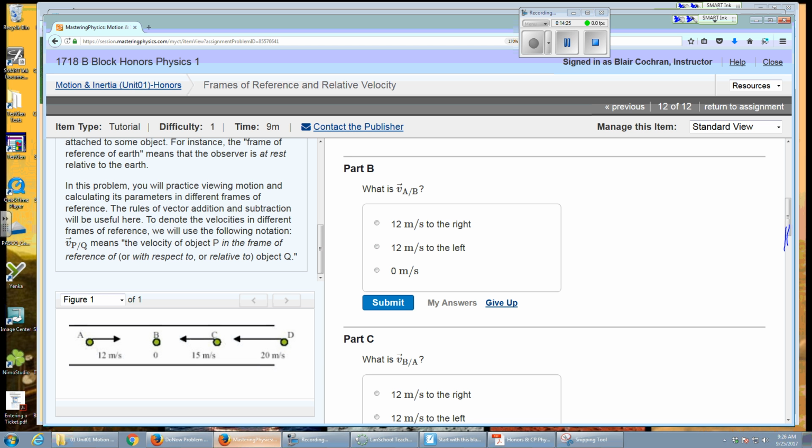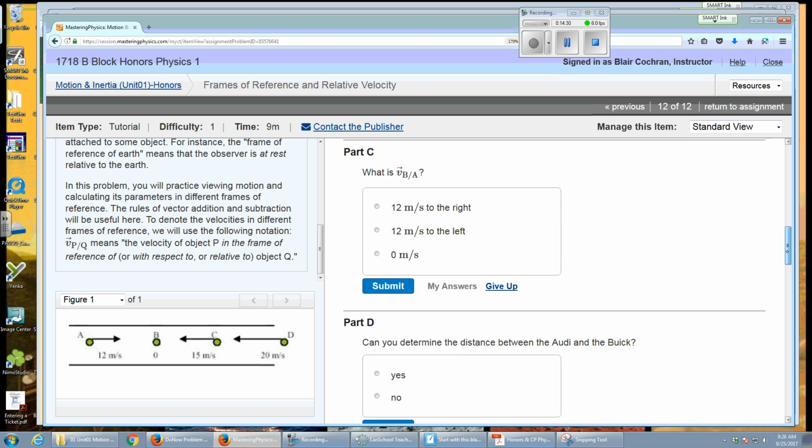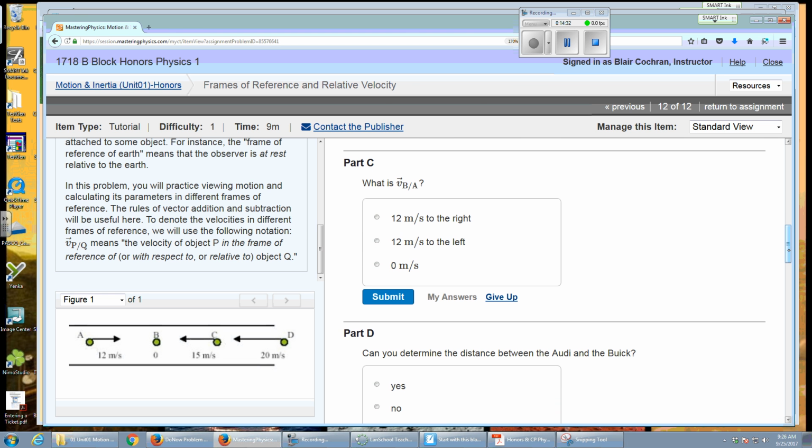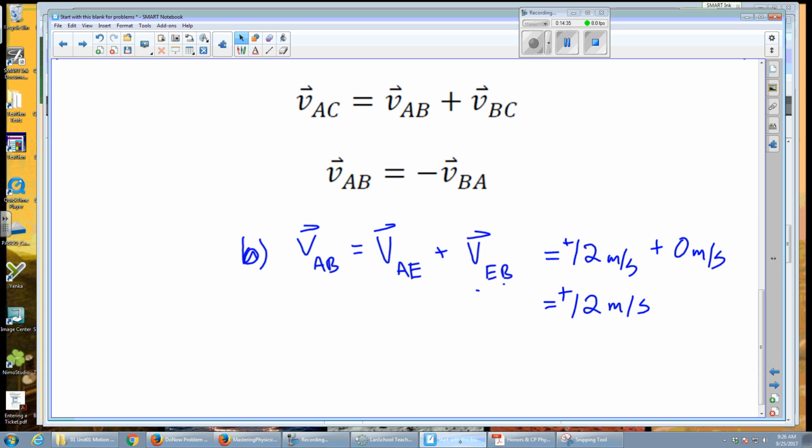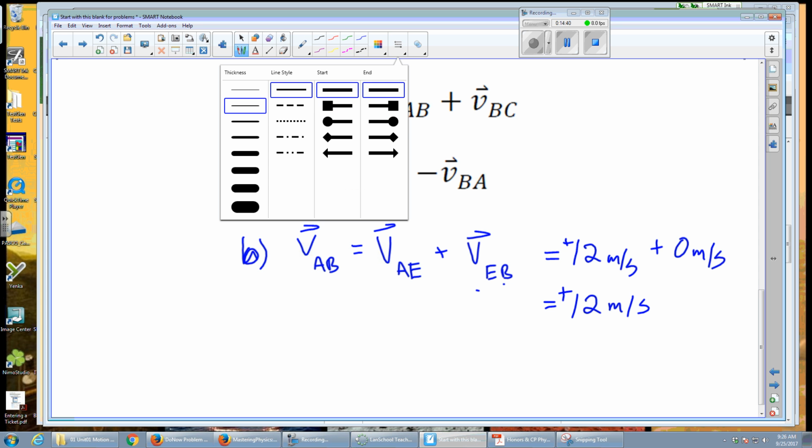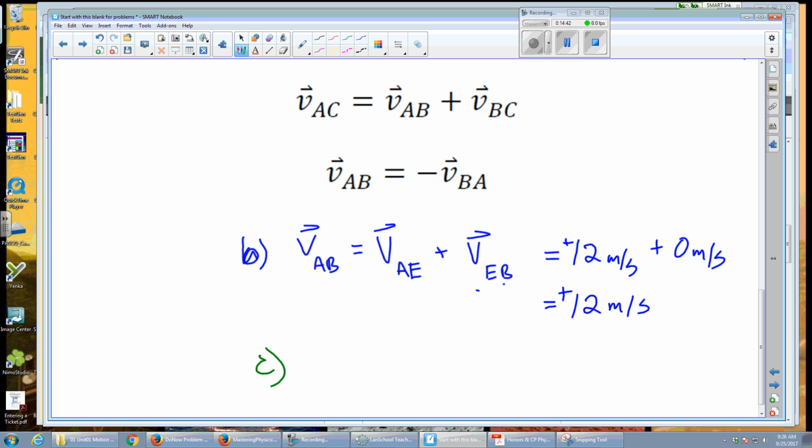Oops. I always forget to have the pen in my hand. And then part C, what is B to A? Well, part C, I can use that the velocity of A to B is the opposite of, actually, we want B to A, is the opposite of A to B, using my second equation there, right?